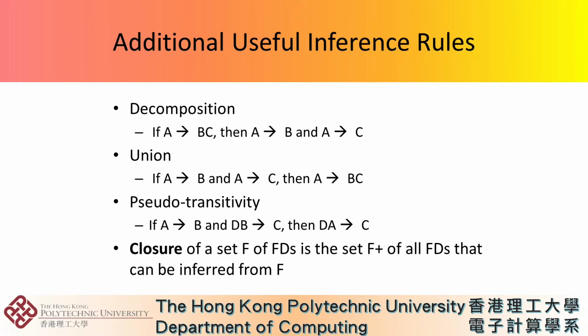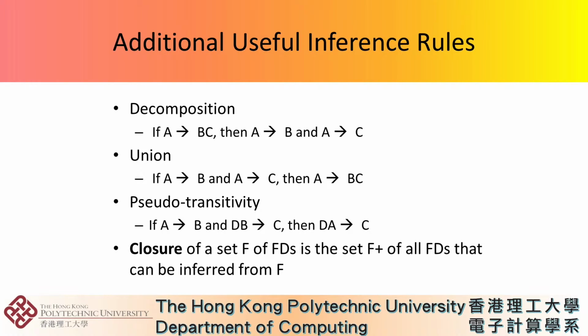Decomposition. If A functionally determines BC, then A functionally determines B, and A functionally determines C. Union. If A functionally determines B and A functionally determines C, then A functionally determines BC.